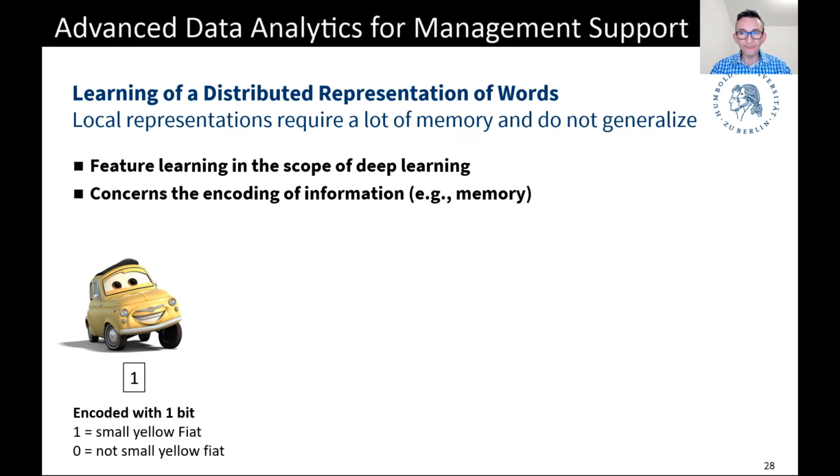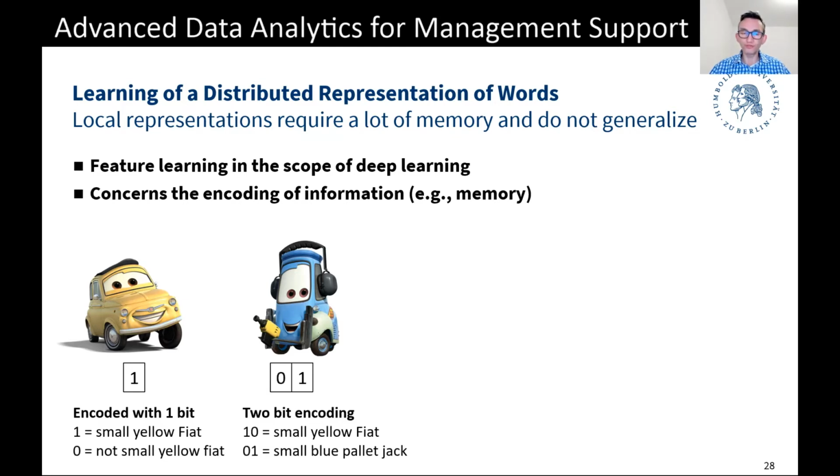And the point is that if we encode information in this very local manner, what if we observe a new concept? Here's Guido. So now we need to grow our representation of the concepts that we try to encode.